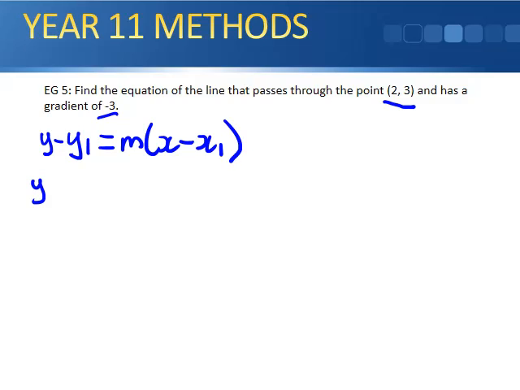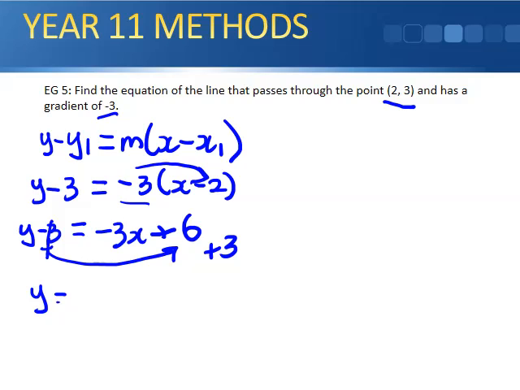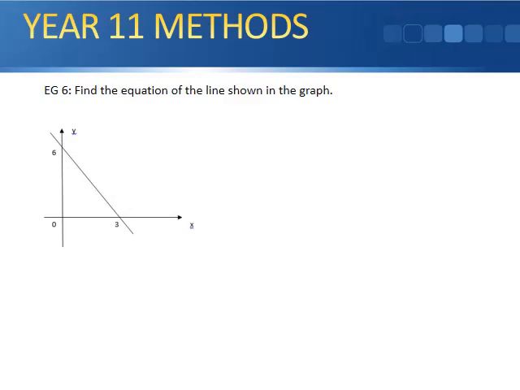The point that I have is (2, 3), so y minus 3 equals the gradient is negative 3, times x minus 2, and expand the brackets again, so y minus 3 equals, expanding this, negative 3 times everything, remember, so minus 3x, and minus 3 times minus 2 becomes positive, and 3 2s are 6, and now to get rid of this one, we add the 3 to the other side. That cancels there. We get y equals negative 3x, and 6 plus 3 gives me 9. So we found that equation.